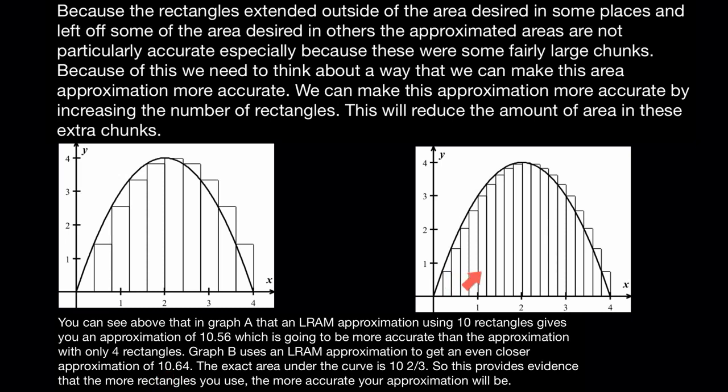And if we divided this up into even twice as many or 3 times as many rectangles, you would get a pretty good approximation of the area between the curve and the x-axis. So you can start thinking about this in terms of a limit as the number of rectangles goes to infinity.